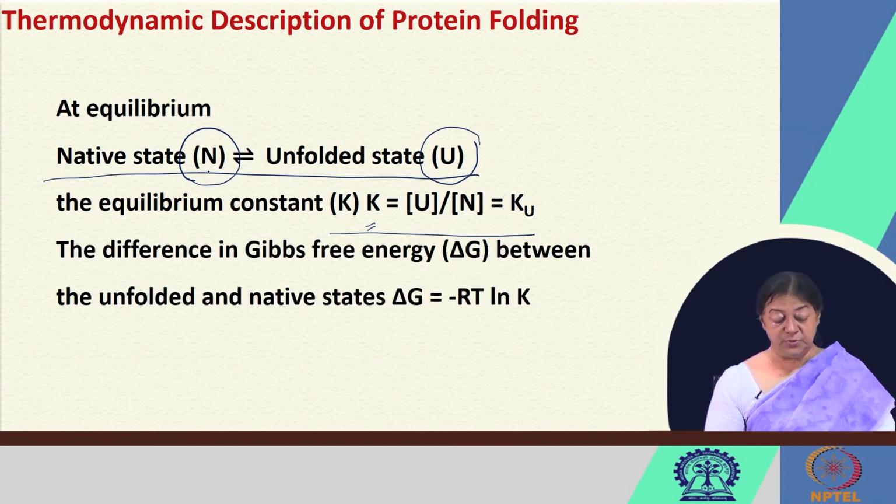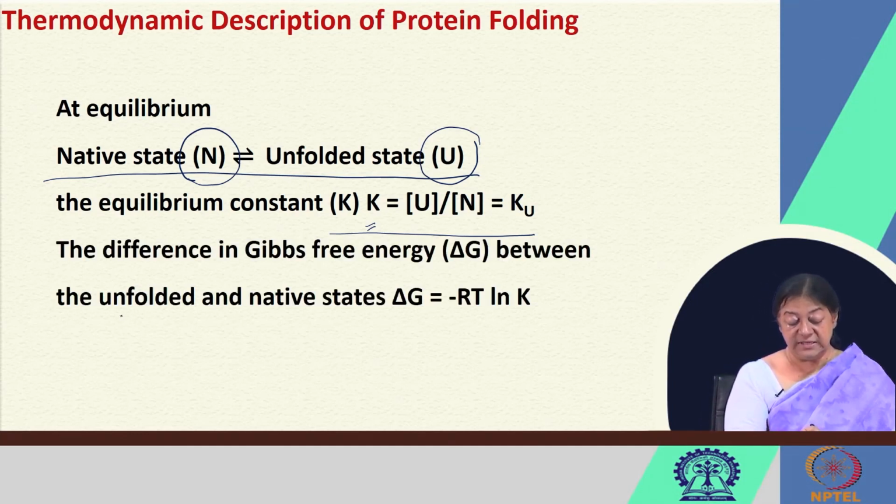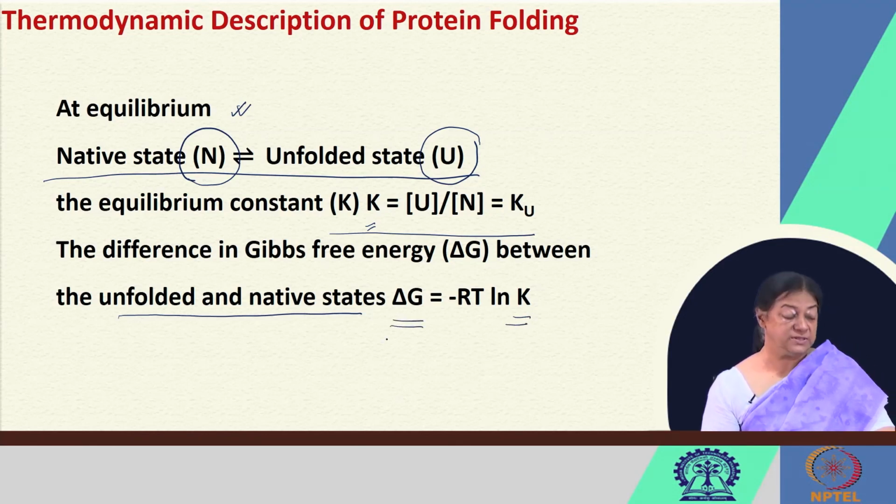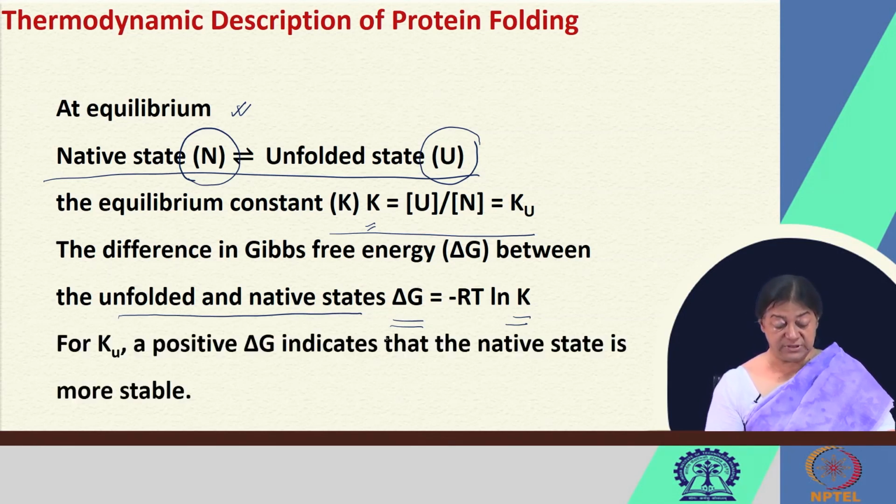So, the difference between this gives us the delta G of the unfolded and the native states. Given that this is in equilibrium, we have an equilibrium constant associated with this, and we have the delta G that we can calculate, and from this we can actually get the delta G of the folding process.